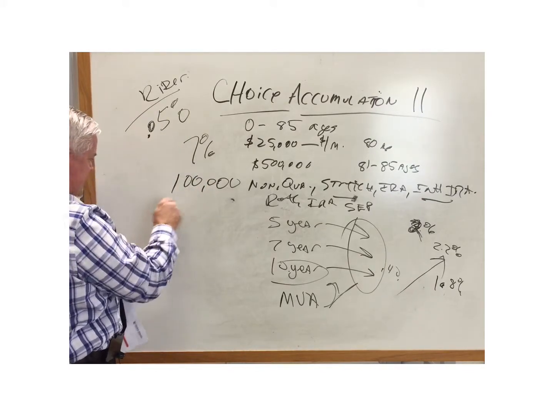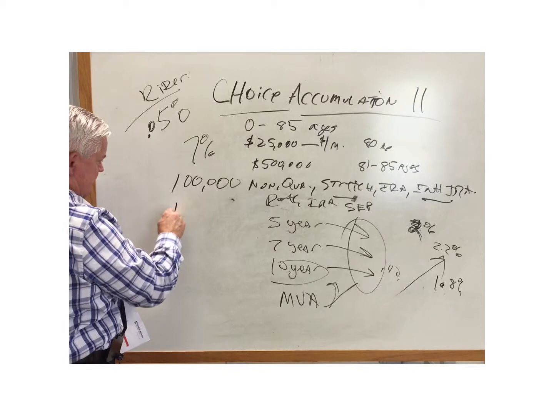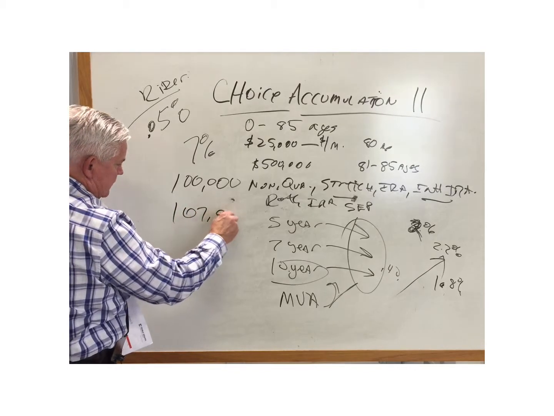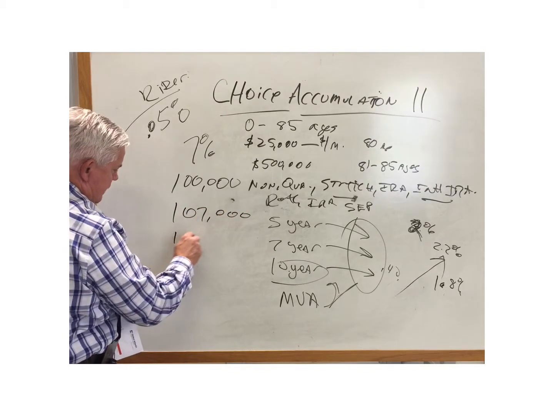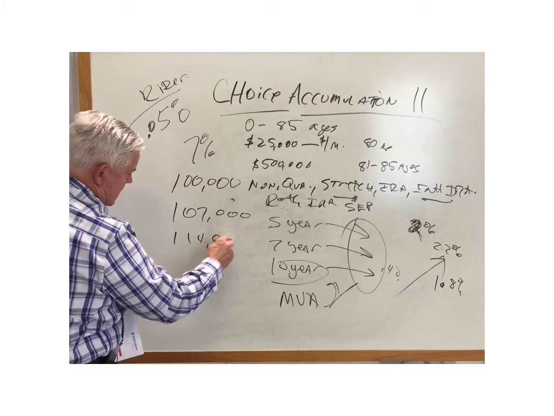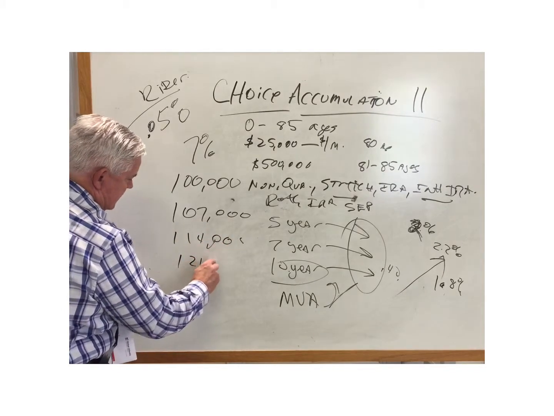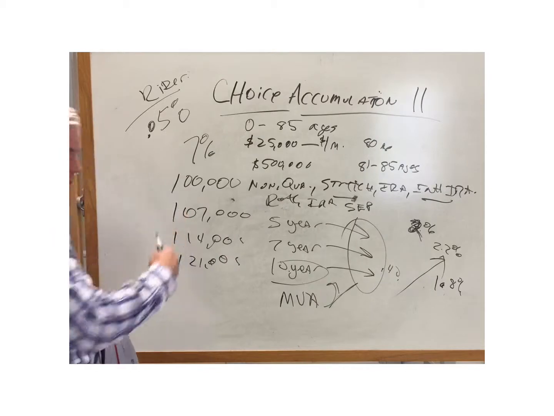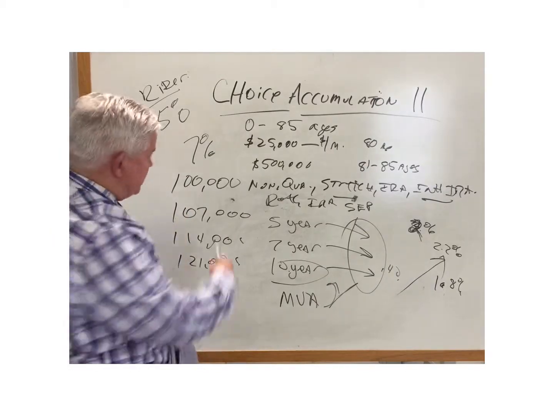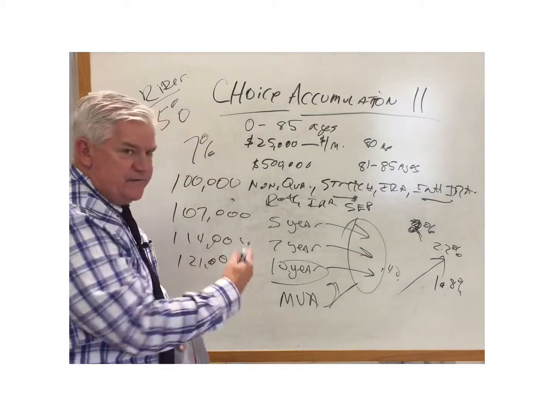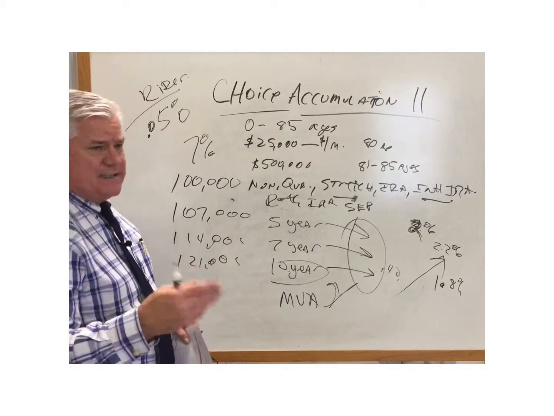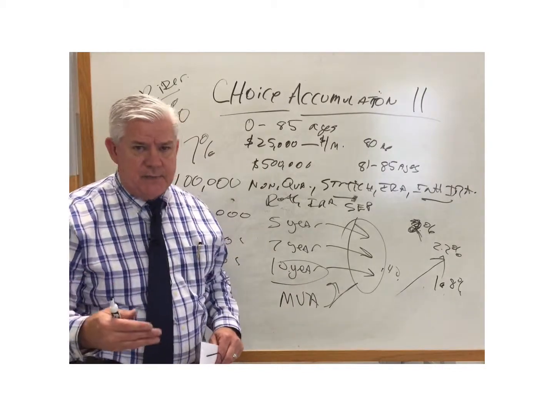So at year 1, the death benefit goes to $107,000. Then it goes to $114,000. Then it goes to $121,000. So it just continues on at the rate of 7% guaranteed for 15 years, which is a fantastic increase in death benefit.